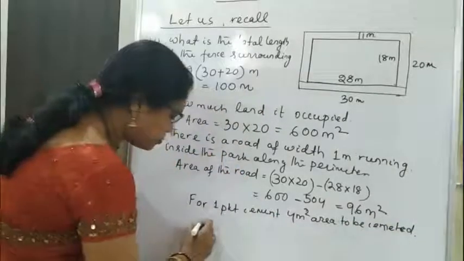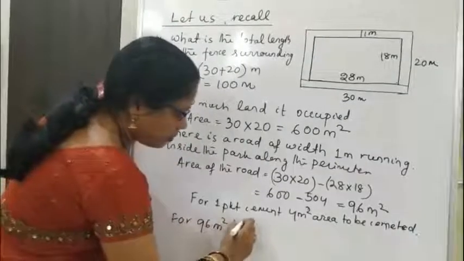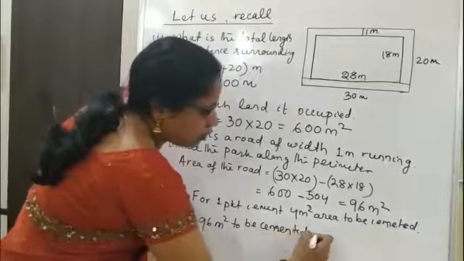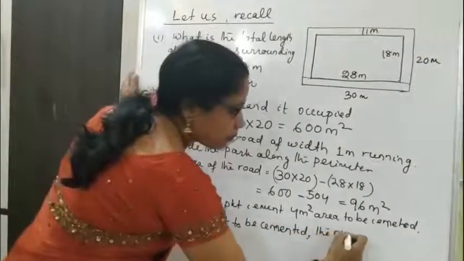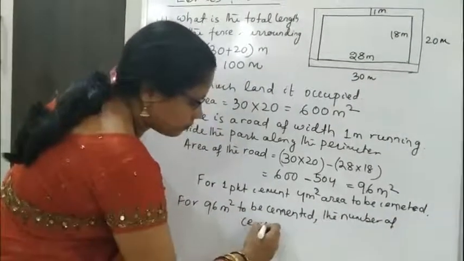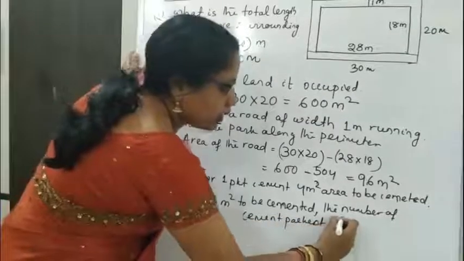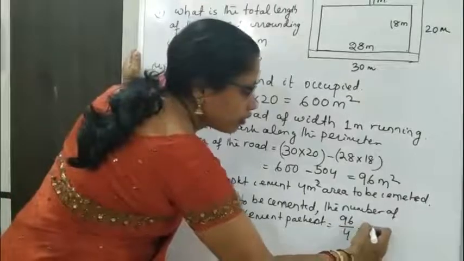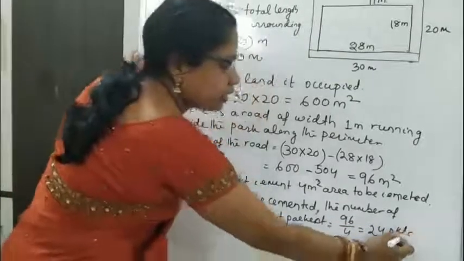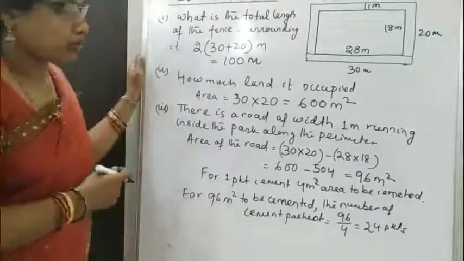So 96 meter square is to be cemented, the number of cement packets will be 96 divided by 4, that is 24 packets. So we need 24 packets of cement to cement the road, the internal road.